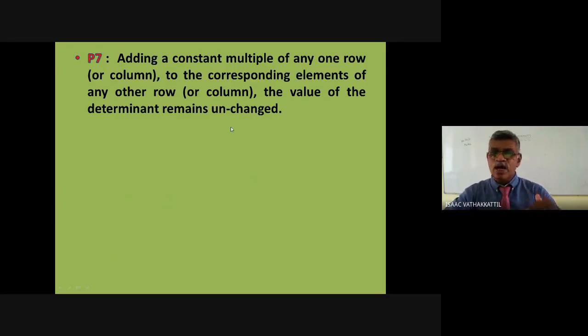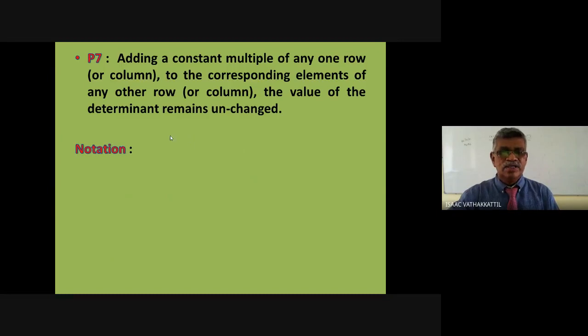So you are permitted to add one row to another, or one column to another. You can subtract one row from another, one column from another, without changing the value. This will help you in evaluating the determinant in many cases. Big numbers you can reduce into small numbers by subtracting one row from another, and eventually you can easily evaluate it.